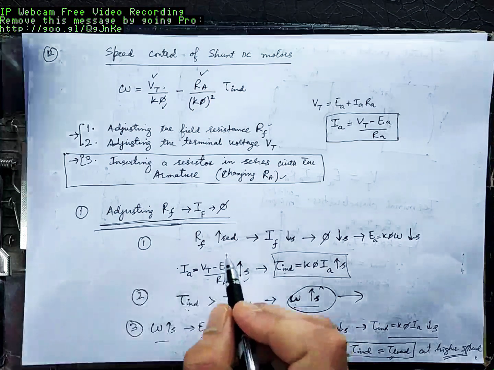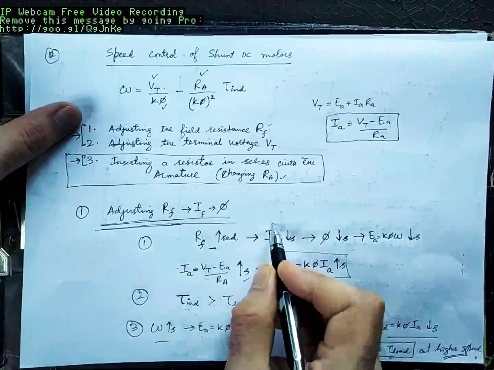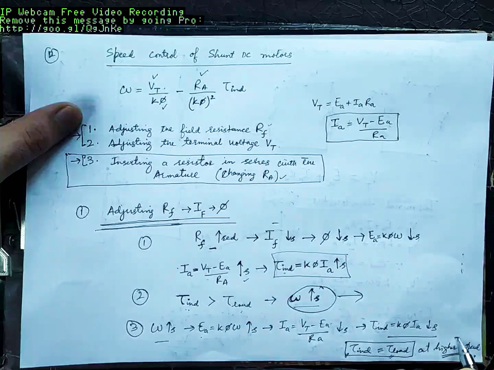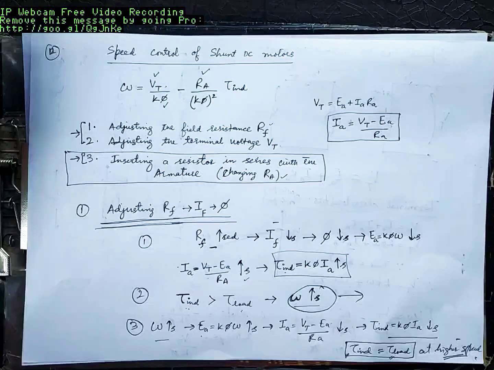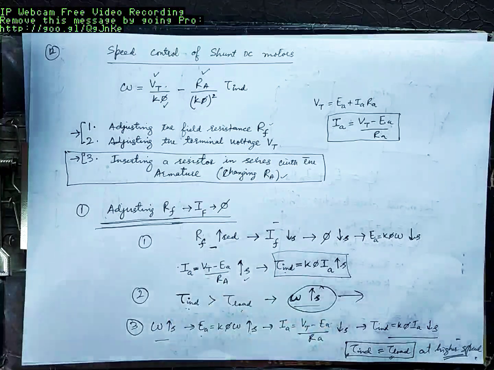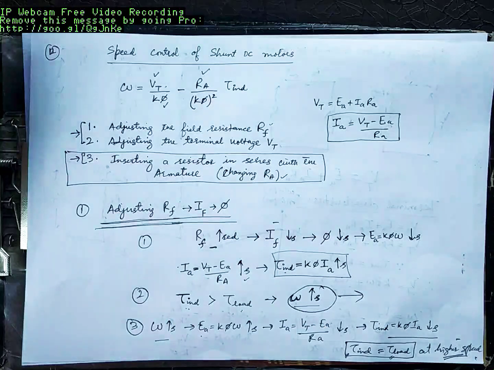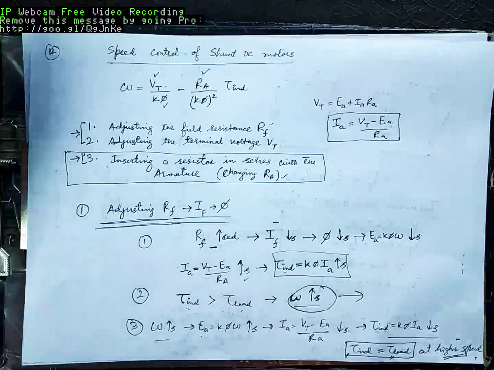That means the more the field resistance, the less the current, the higher the speed. So if I want to increase speed, I have to decrease the current by increasing the field resistance. That's not an issue. I will increase field resistance, current will decrease, so speed becomes higher.